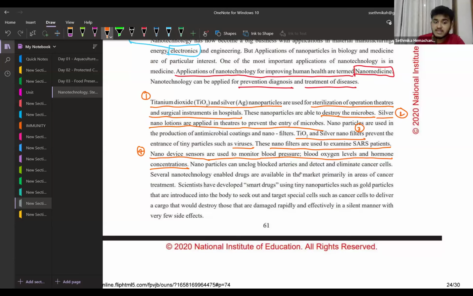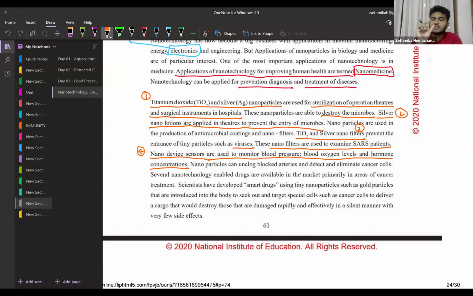Nano device sensors, right? Nano device sensors. What are they? These small miniature sensors are put into our body, right? Usually in old people and very diabetic people, the blood sugar level and all that should be measured almost always, right? The blood sugar level should be always measured.